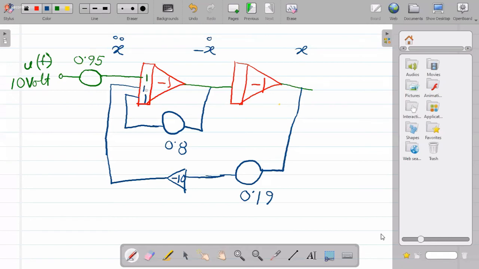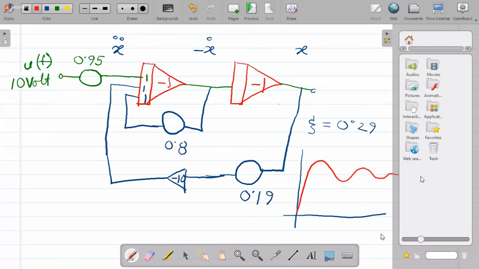Yes, sir. So at the output of this, we'll get an under-damped response, because what is the zeta value over here? If you calculate, your zeta value would come to something like 0.29. So your response will typically be an under-damped one, something like this.